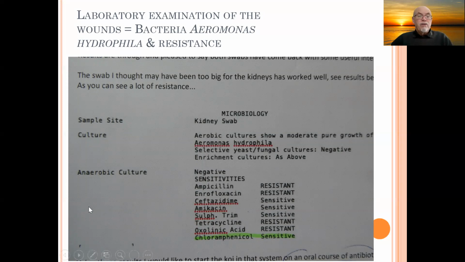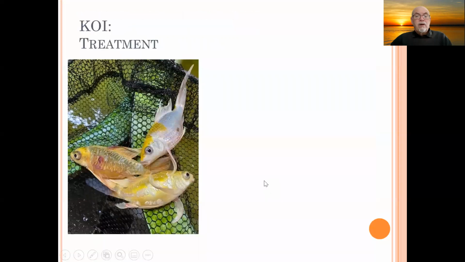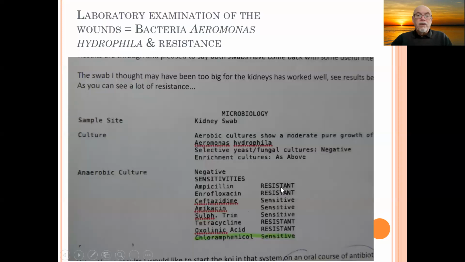At the same time, we did culturing for the sensitivity testing, and we found that chloramphenicol was sensitive. That means we could treat with chloramphenicol, or with sulfatrimethoprim, or with ceftazidime. But in this case, we recommended going ahead with chloramphenicol, because it was easily available through the veterinarian.